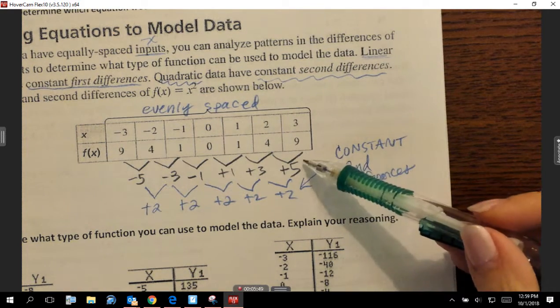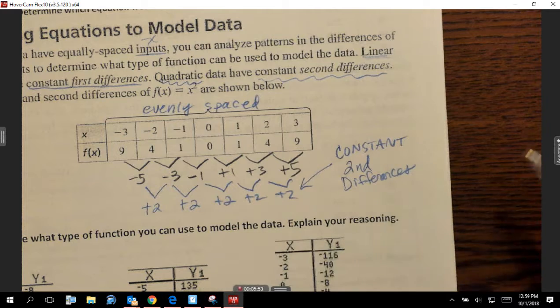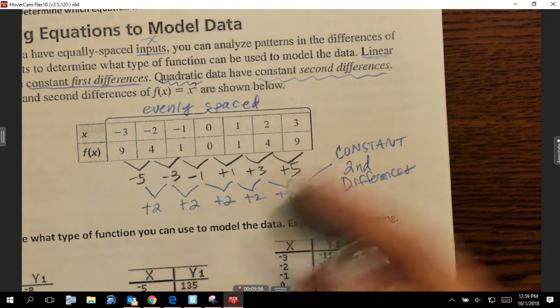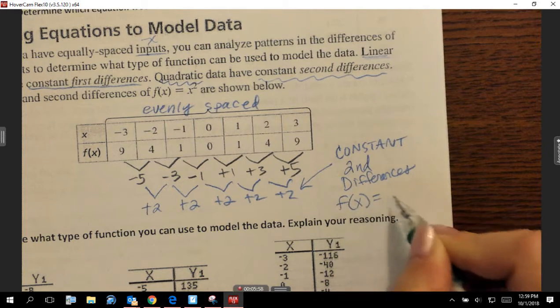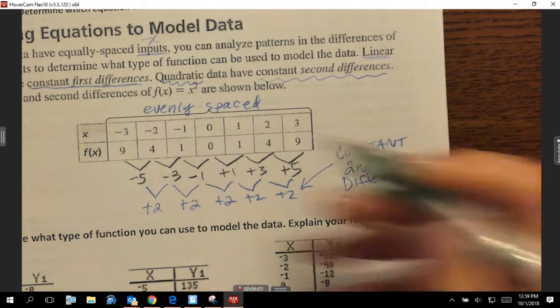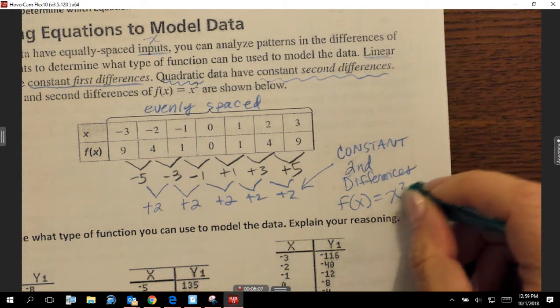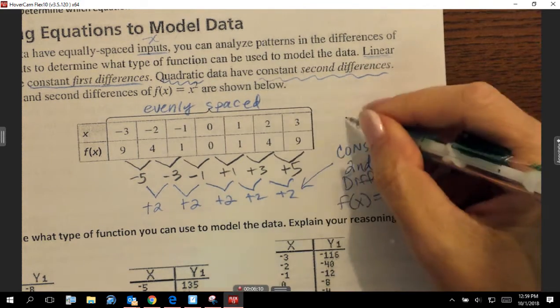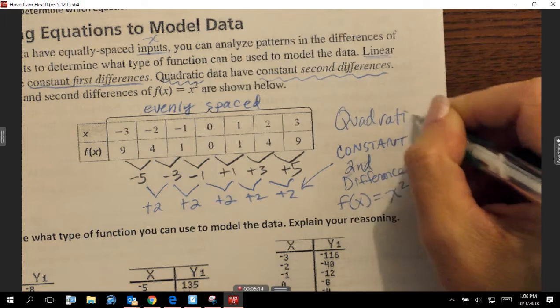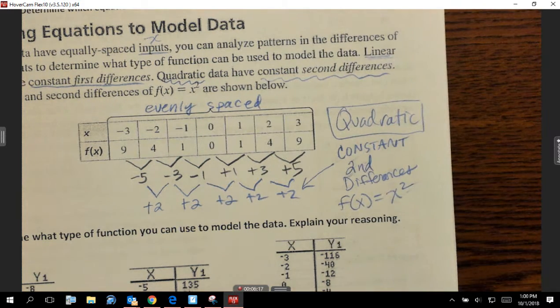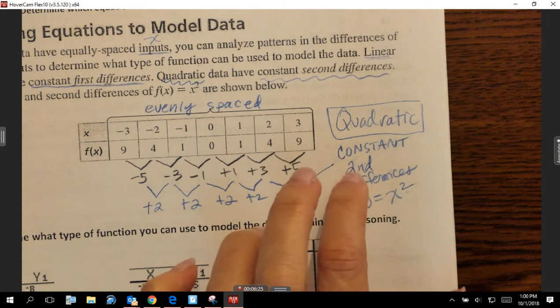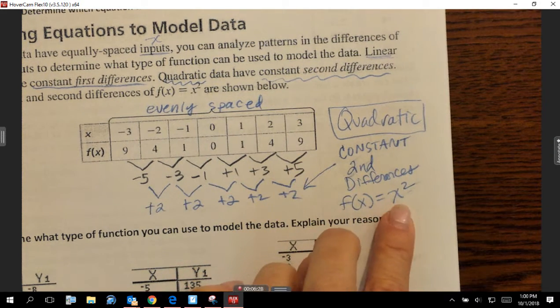And because it took us 2 rows before we had the constant ones, that tells us that when we have our equation, it's going to have some sort of x squared in the equation. It's going to be quadratic. So my final answer here is quadratic. But everything else is me just giving you notes. If we do 2 lines and in my second line they're constant, then I know my equation is going to be x squared, which is called quadratic.